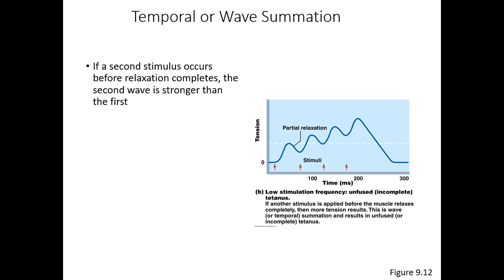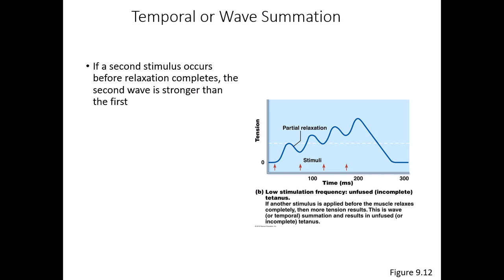And so that's going to cause another contraction period. And notice that this time we achieve a higher tension than we did the first time. And then we start to relax, but then another stimulus is introduced, and that creates an even higher peak for that part of the contraction, and so on, until there's no more stimulus introduced, and then we have a normal relaxation back down to the base.